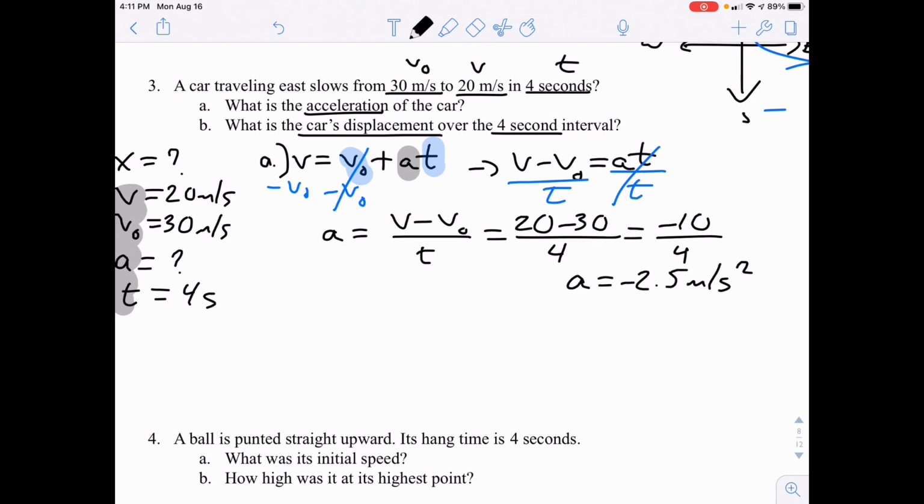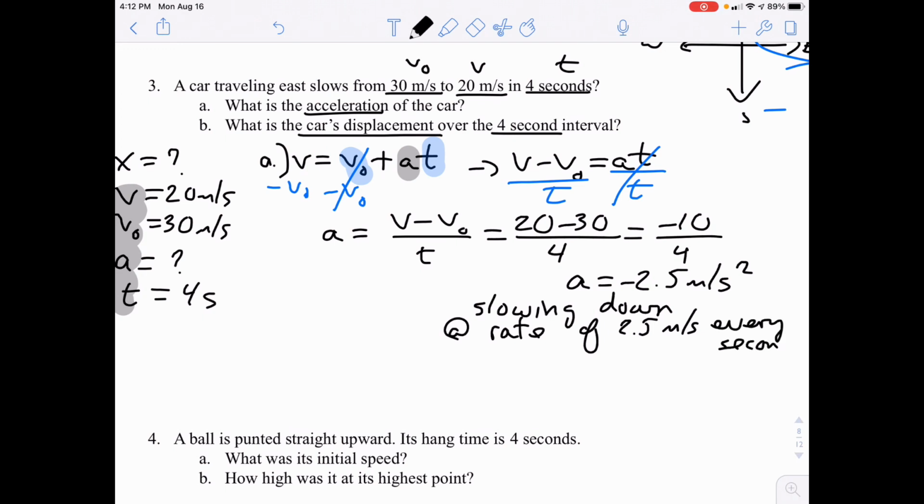So what that answer means is the car is slowing down going forward, but it's slowing down at a rate of 2.5 meters per second every second. Oops, let me highlight that.